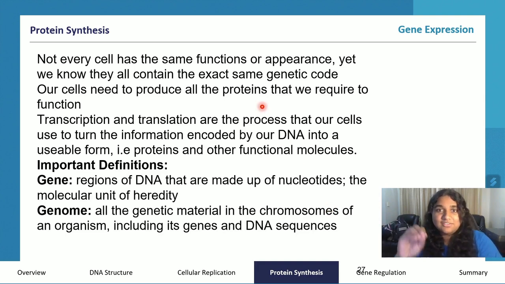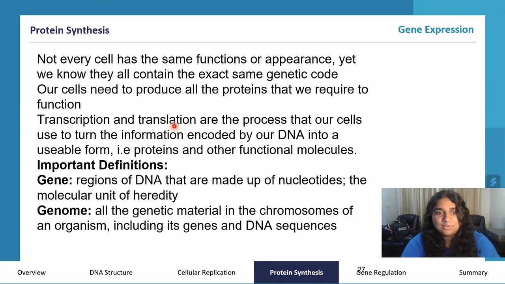And to do that, they have to produce unique proteins. This process of protein creation is done through protein synthesis, which is broken up into two steps: transcription and translation. Those two together are the process that our cells use to turn the information encoded by our DNA into a usable form, for example, proteins and other functional molecules.